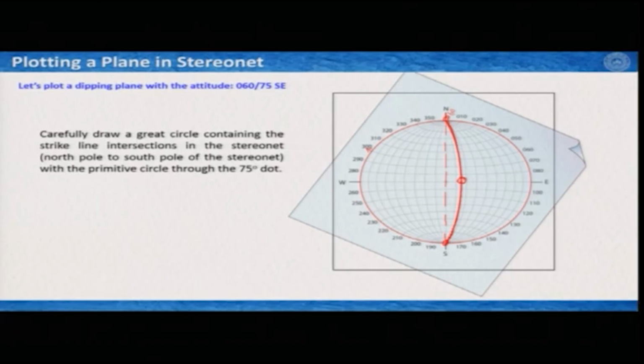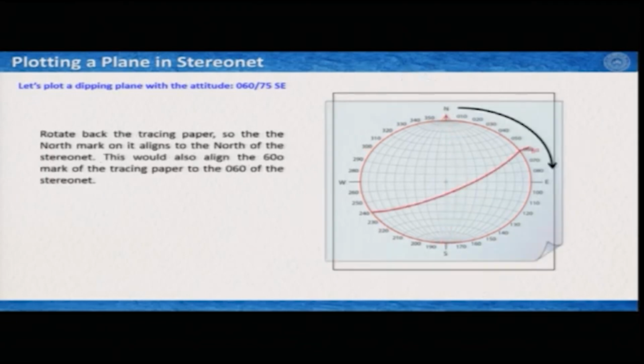Now, your task is to rotate the stereo net back again and align your north mark on the tracing paper to the north mark of the stereo net. Doing so, your 60 degree mark on the tracing paper would also align to the 60 degree mark of the stereo net, and the great circle that you have drawn in the previous step, it would appear like this, and this is the projection of the dipping plane 60 degree 75 degree southeast.